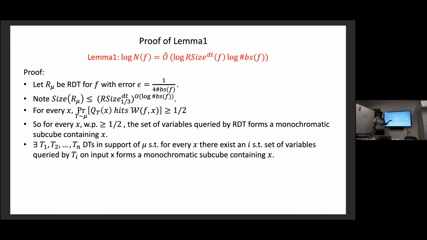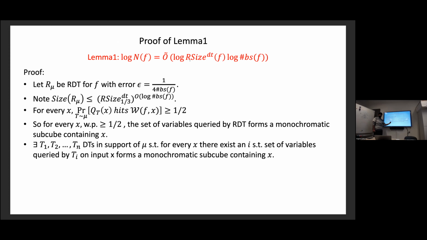Right. And now let's take n independent trees from my randomized decision tree. Yes, just trying to boost things so that I can apply union bound. Each of these trees will give me a monochromatic subcube which covers my input with probability 1/2.